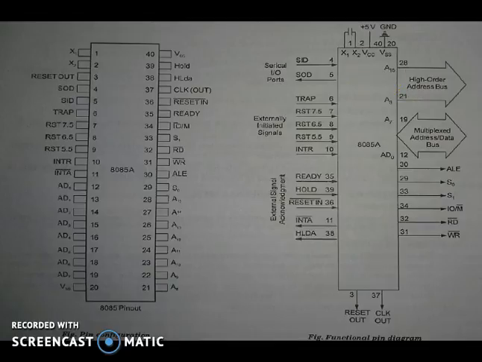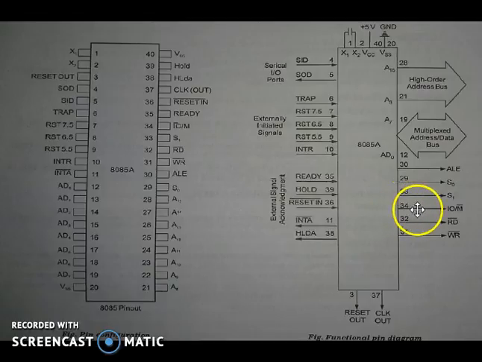Now next we have the control signals. This group of signals includes two control signals. First is read and second is write. In the diagram we have 32nd pin as read signal and 31st as write signal. These are the control signals, and we have three status signals.